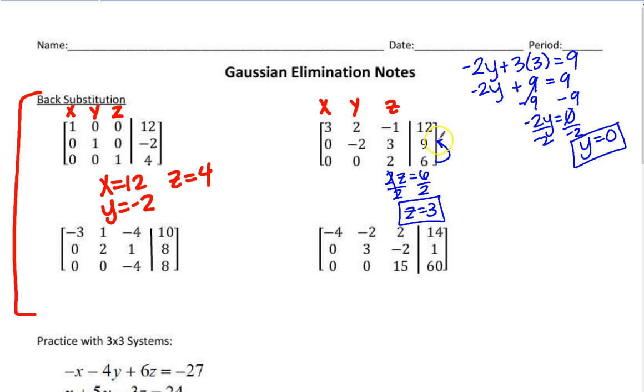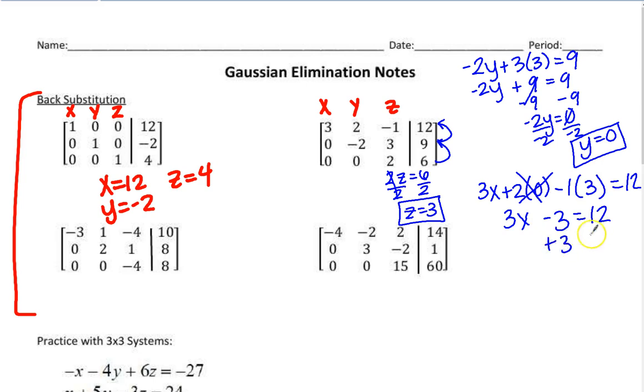Then I have to go back one more time. Back substitution to this equation. So this is 3x's plus 2, and then the y's are 0, minus 1, but then the z's are 3, equals 12. And then we just solve it. So 3x comes down. 2 times 0 is just 0. Negative 1 times 3 is negative 3.